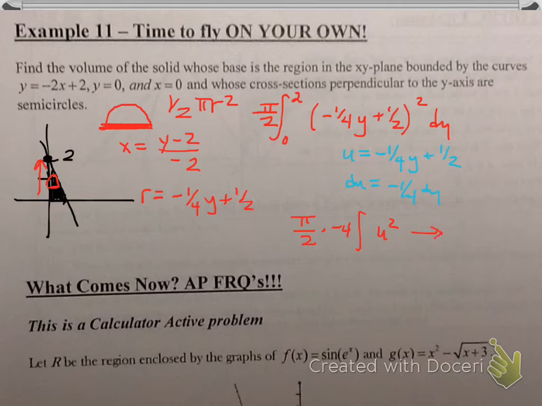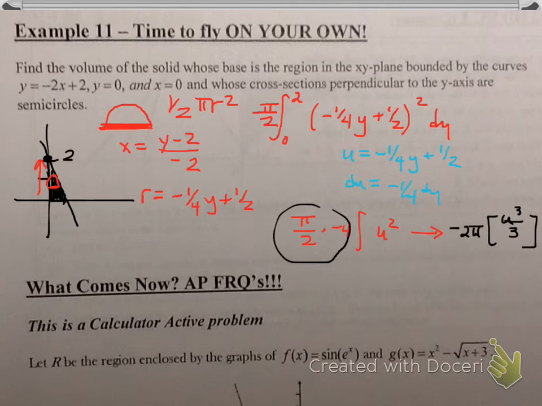So I'm going to let you continue to play around with this. Really, we get ourselves to a point where we're going to integrate and do our thing. We can clean this up for sure. So this is basically negative 2 pi, and then, of course, u to the third over 3.